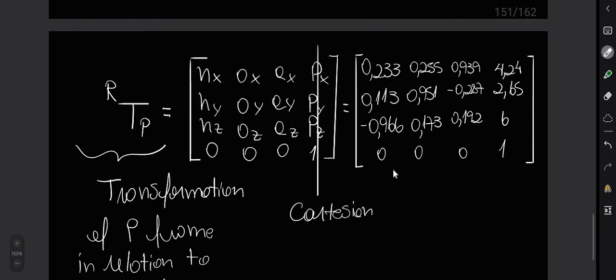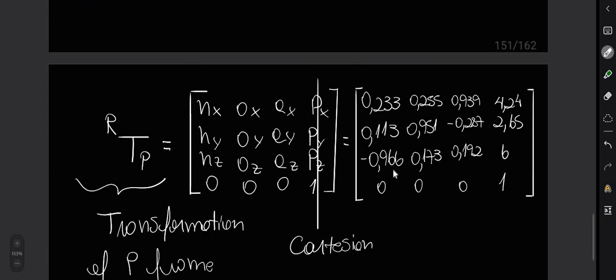And as you can see, this first column is representing the orientation, and this last column is representing the position.